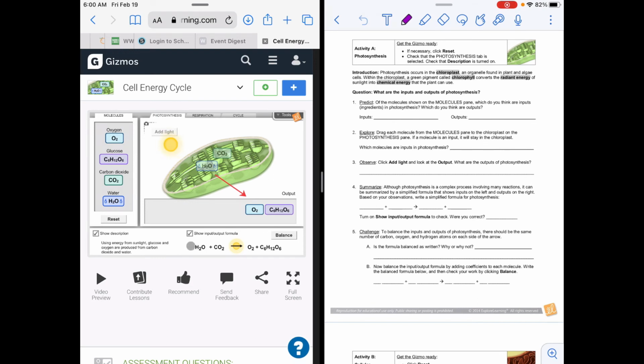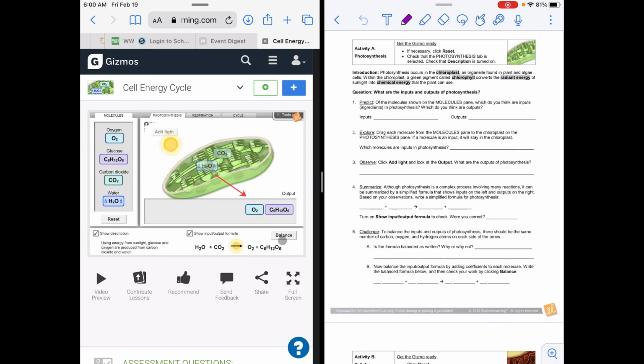They had some numbers in front of water, a number in front of carbon dioxide, a number in front of oxygen over here on the right. And so you could take a look at that and write that out. The coefficients would go on this short line here. So you're going to put your formula on the larger lines, and then if there are any numbers to make it balanced, you would write those in on the first line.